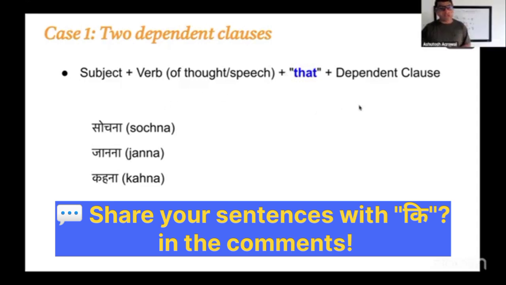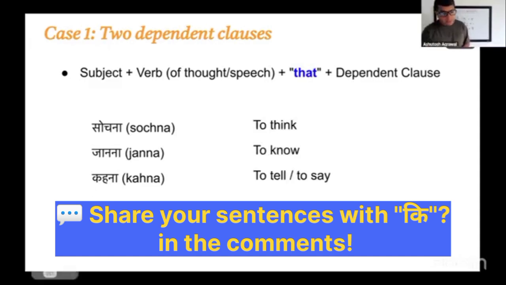There are many verbs you should know in general, but you will most commonly see the first sentence conveyed using verbs of this particular category, where the subject is thinking, knowing something or saying something, followed by "that", followed by the second sentence or the dependent clause.